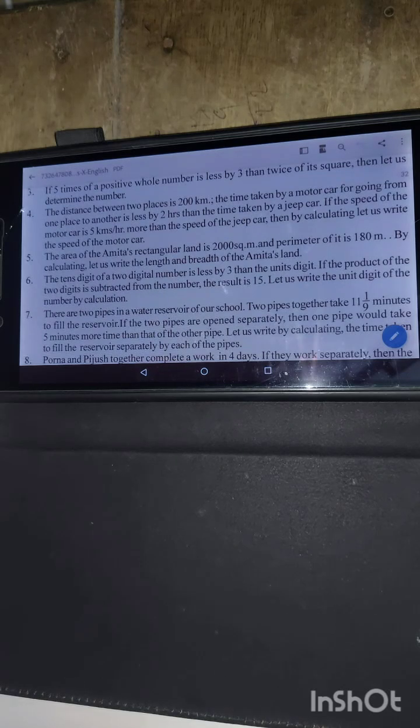Okay, if the speed of the motor car is 5 km per hour more than the speed of the jeep car, then by calculating let us write the speed of the motor car.